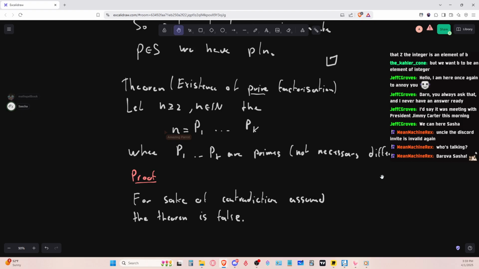Basically, if all natural numbers are written as a product of primes, you don't have to show anything. That's what the theorem says, right? So somehow, if you want to disprove this theorem, you have to find me a natural number that cannot be written as a product of primes. Right. Does it make sense in your mind, or is that a little bit unclear?